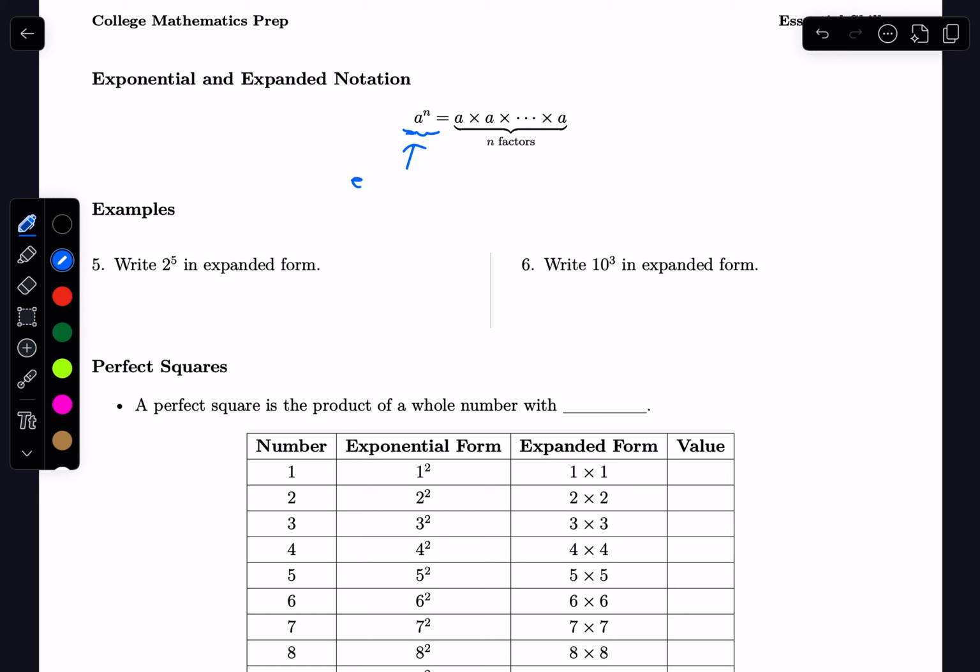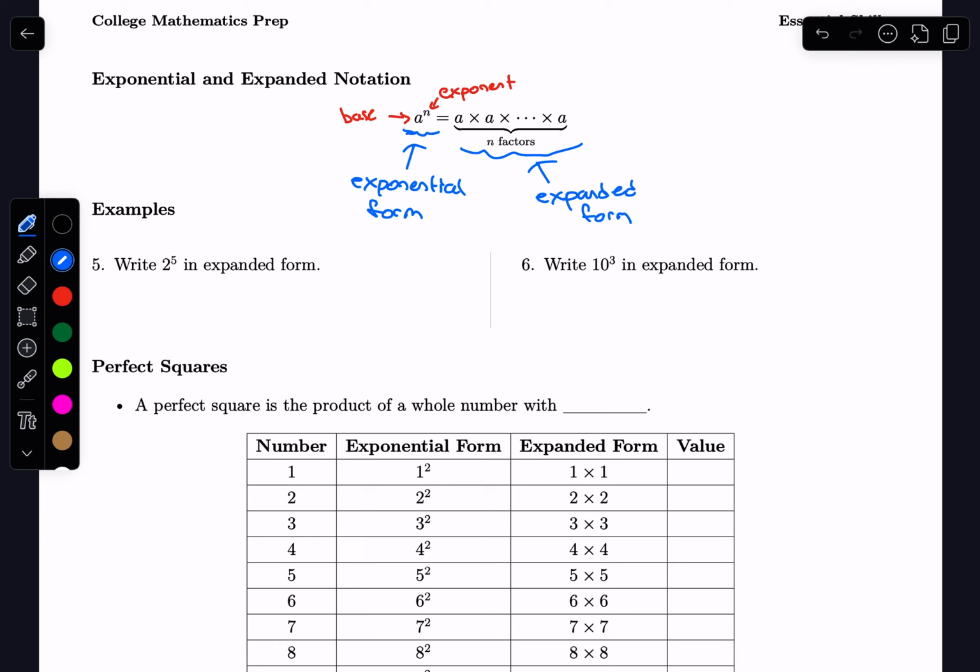This is exponential form, where we are using an exponent on a base of a. So right here we have 2 pieces. a is the base and n is the exponent. But the entire thing is called exponential form because we have an exponent. The right side, everything that is over here, all these n factors, is called expanded form.